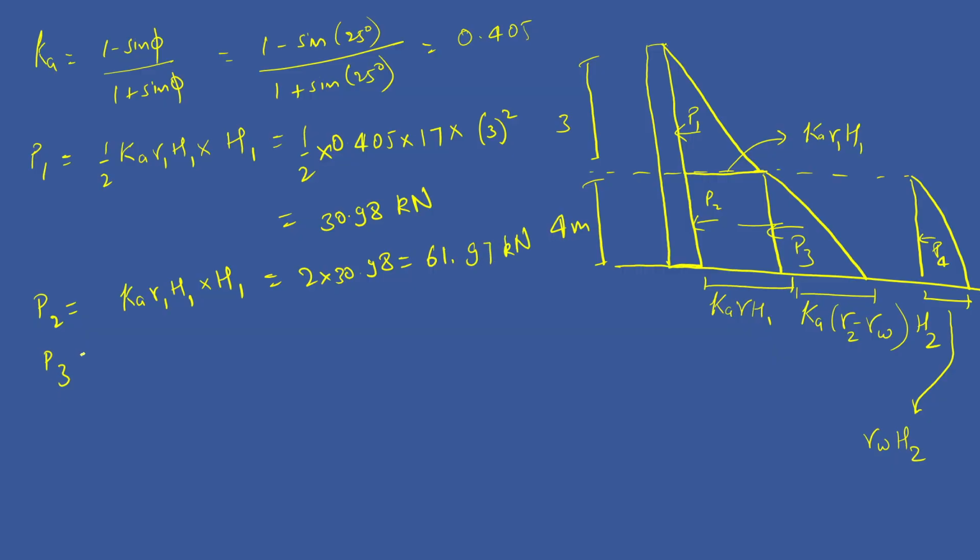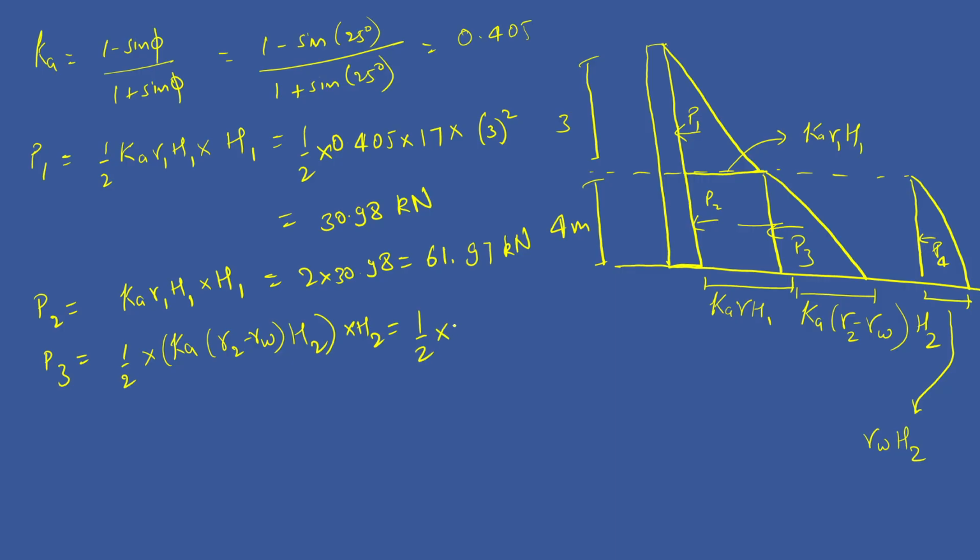Then you have P3. P3 is basically half of Ka into gamma 2 minus gamma w into H2 into H2.